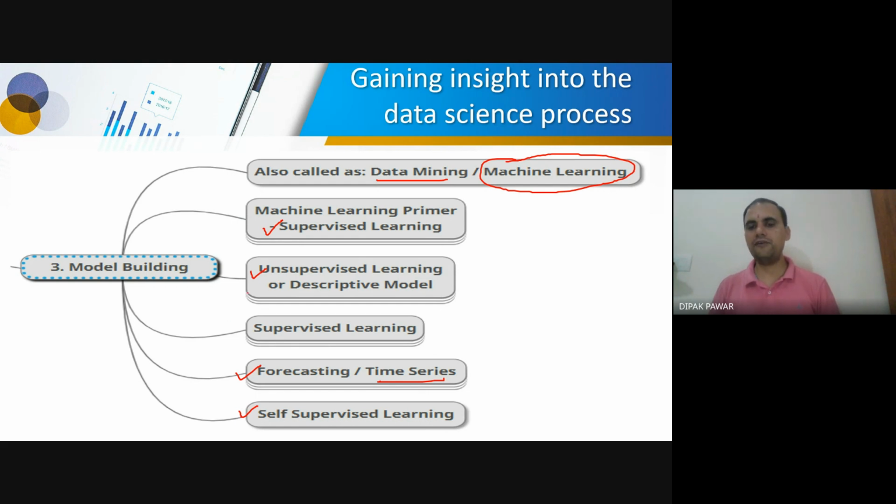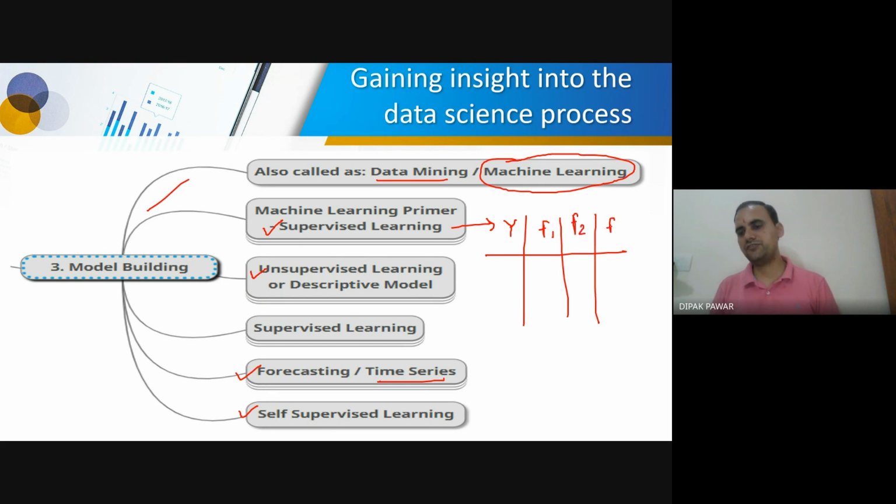In supervised learning, the target is present, the Y part is present. You might have different features like F1, F2, F3, so you have multiple input features. But at the same time, we also have Y, which you can consider as a label or as the output. They provide the output to us, and based on that we have supervised learning.